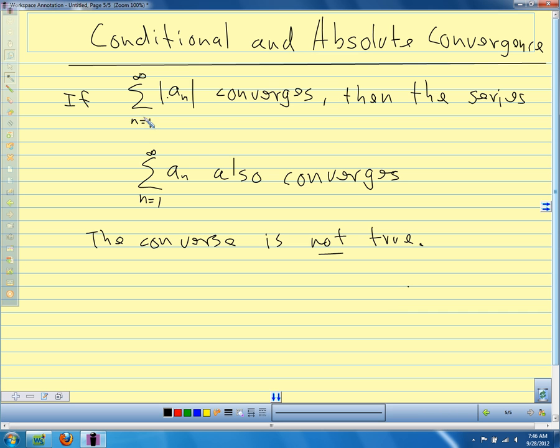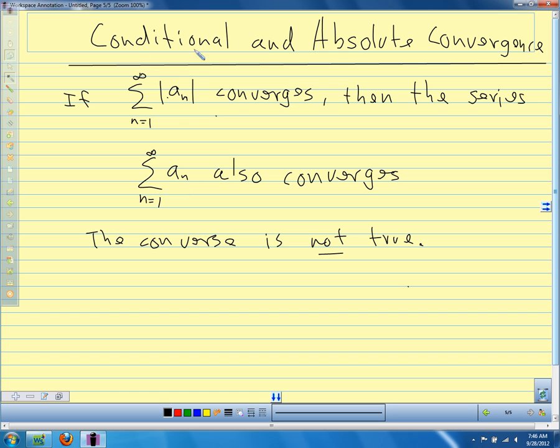And the proof of this theorem involves manipulating the absolute value and showing that if this converges, it places a bound on this series, and so that one also has to converge.